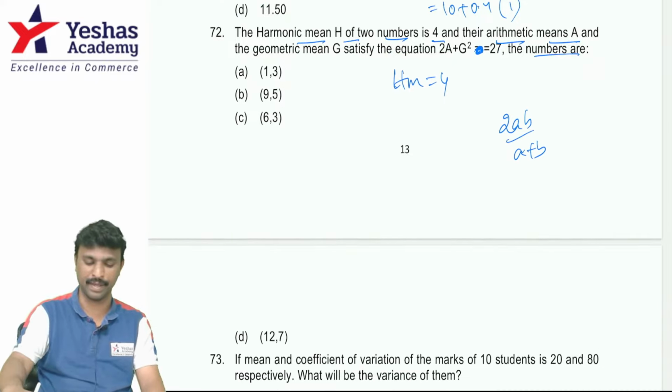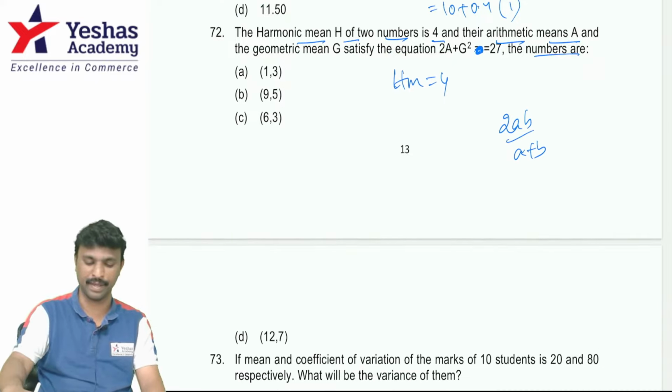Moving on to the next question, if the same amount is added or subtracted from all the individual series, all the observations, all the numbers, the standard deviation and the variance both shall be unchanged. Both shall be unchanged.